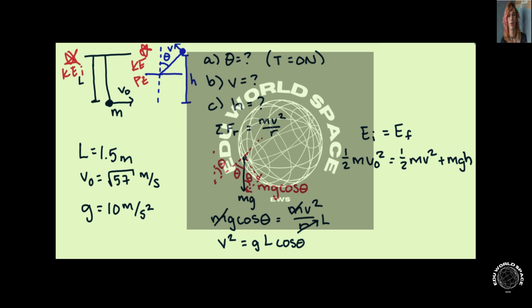But if we go back to our diagram, we can again use some helpful angles to figure it out. So again, we know that this angle is theta. That makes this angle theta as well. And so we can break up h into two components.